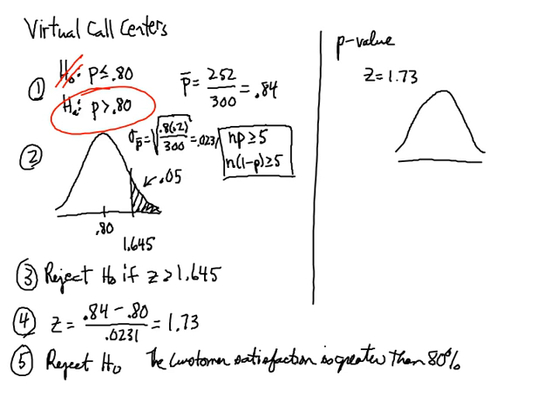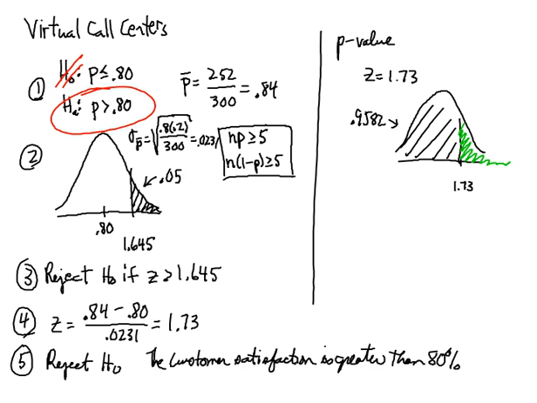So if I'm looking up 1.73, the area under the curve to the left of that is 0.9582. But what I want for a p-value is actually to the right of that.